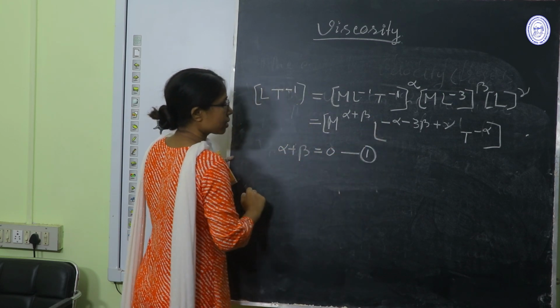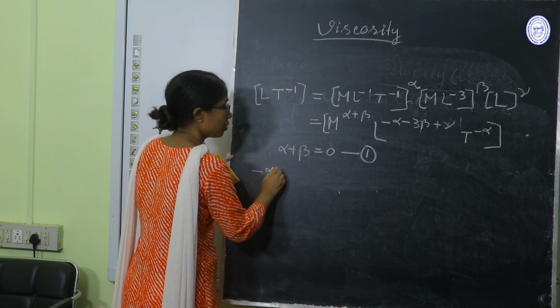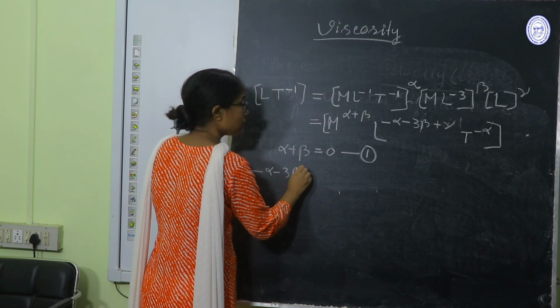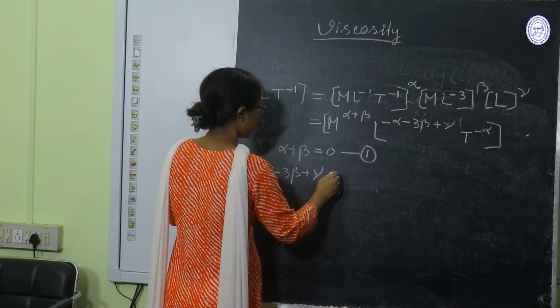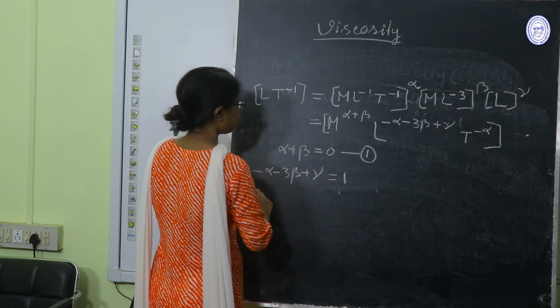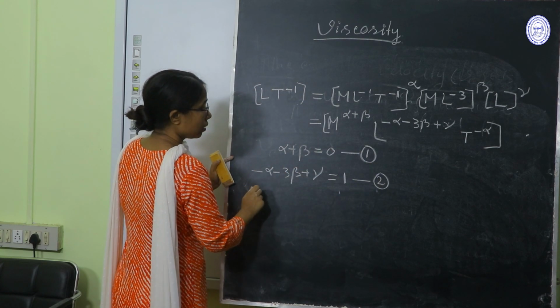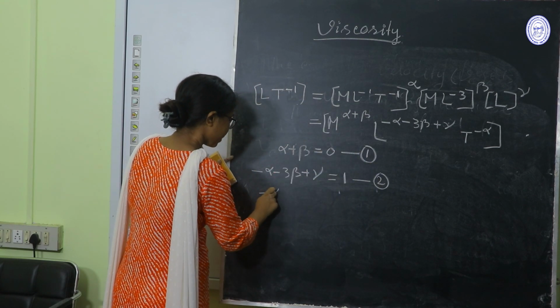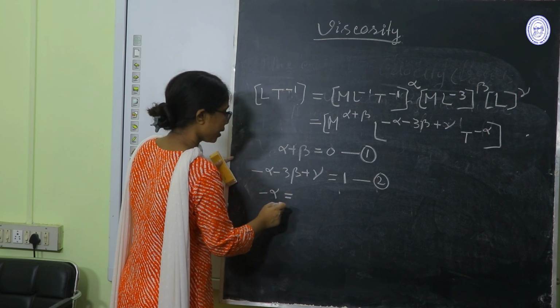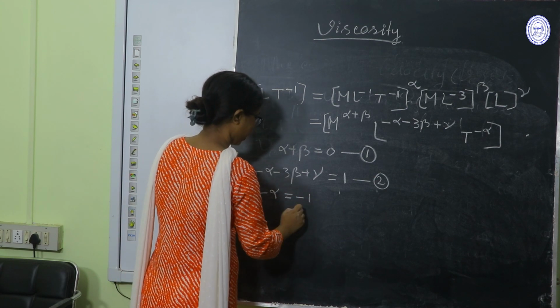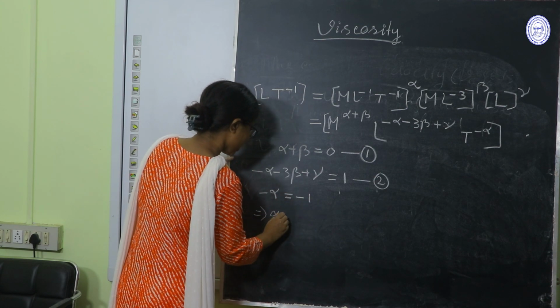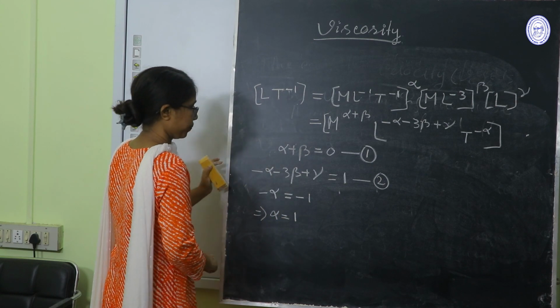The power of L: minus alpha minus 3 beta plus gamma is equal to 1, equation number 2. The power of T: minus alpha is equal to minus 1, so alpha is equal to 1.